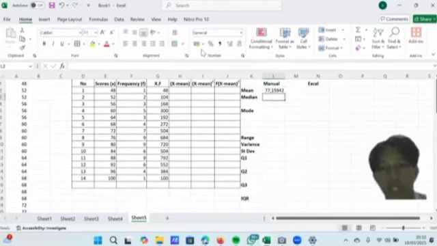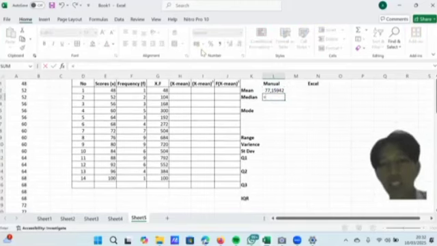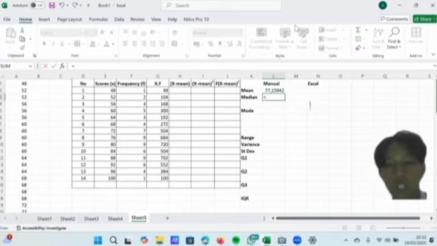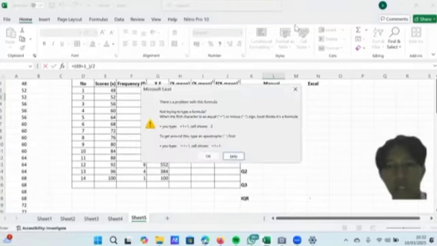Okay, for the median, we are going to search for the position first, which is the amount of the data plus 1, divided by 2.